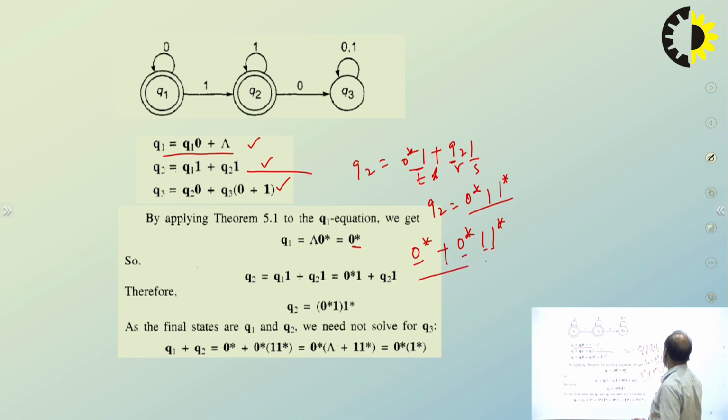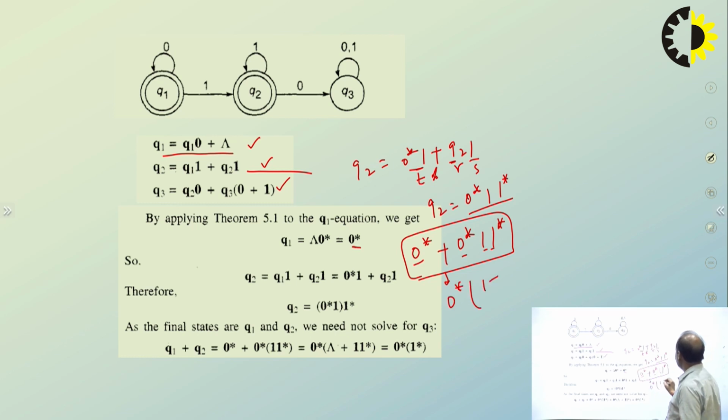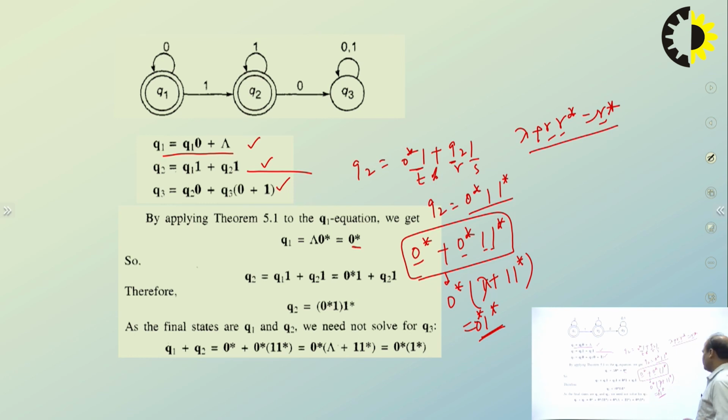This can be further simplified by taking 0 star outside: 1 plus lambda plus 1 1 star, and you know that lambda plus R R star equals R star. So this becomes 1 star, and 0 star is already there. This identity is very, very important. So the answer is 0 star 1 star.